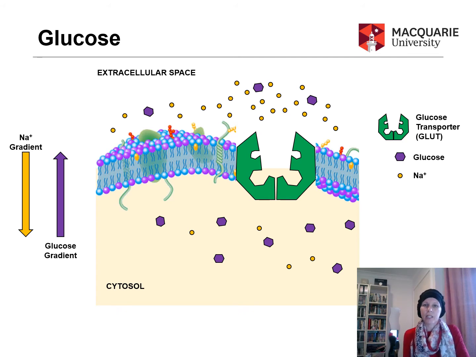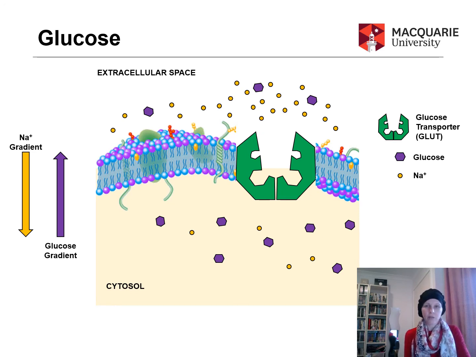Now in order to get glucose from the outside of the cell inside the cell, we need to transport it across its gradient, meaning we want to go from a low concentration of glucose to a higher concentration inside the cell. And that's why we need the transporter. To do this, we rely on the sodium gradient, which is higher outside the cell than inside the cell.